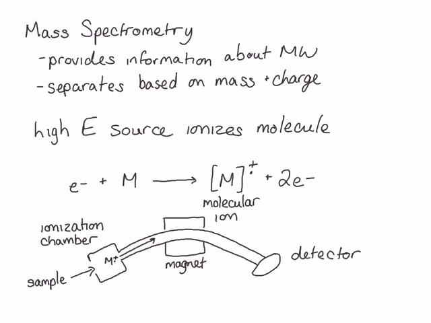We can control the magnet to allow only certain masses to bend at the correct angle to continue on to the detector. We can then slowly scan through all strengths of the magnet to allow each mass to hit the detector, and then we know what the mass is of each of the ions that is hitting that detector, and that produces something called a mass spectrum.